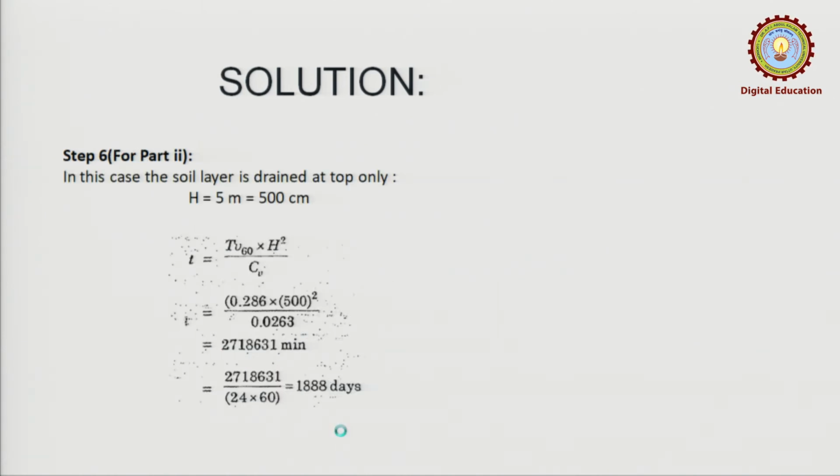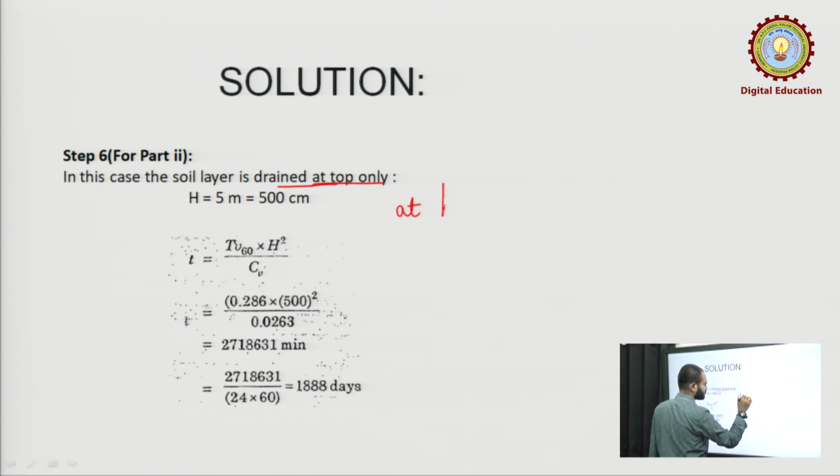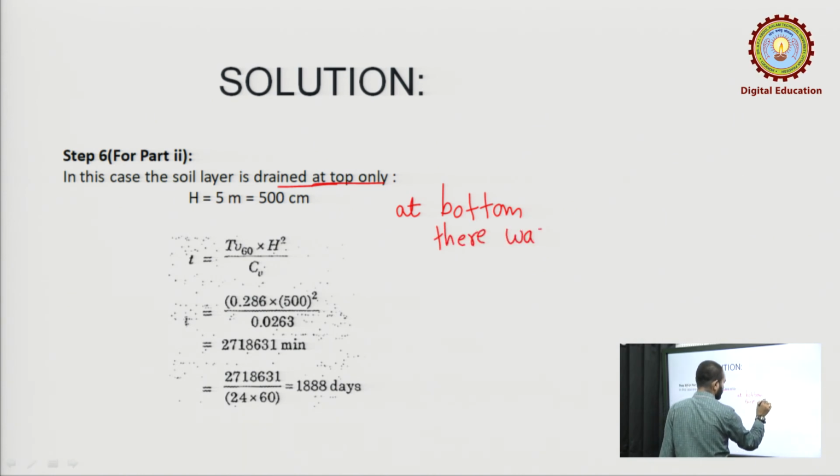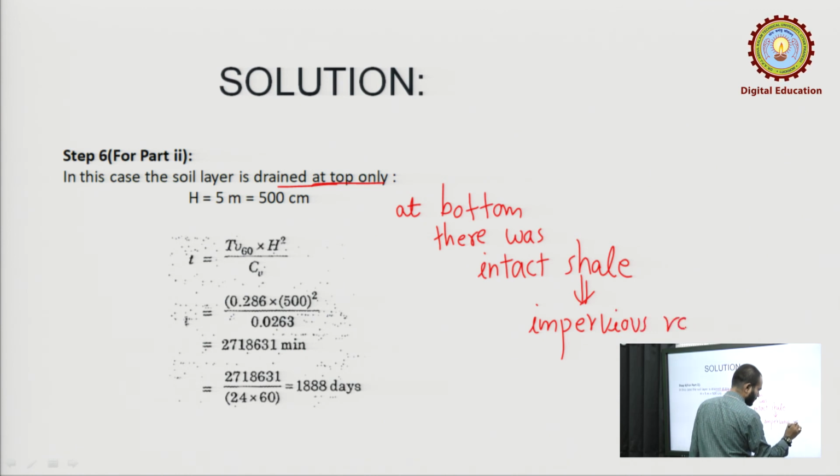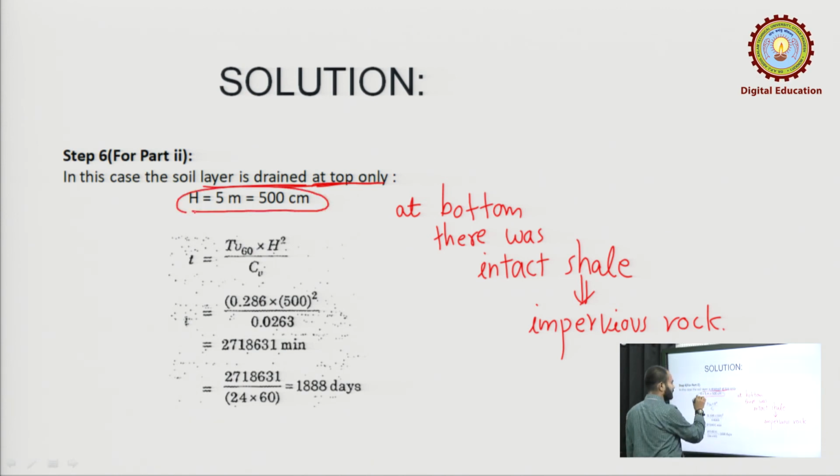In the next part, it is drained at top only. Why? Because at the bottom there was intact shale. Okay, this is an impervious rock, hence it forms a single drainage condition, and so H will remain 5 meter only.